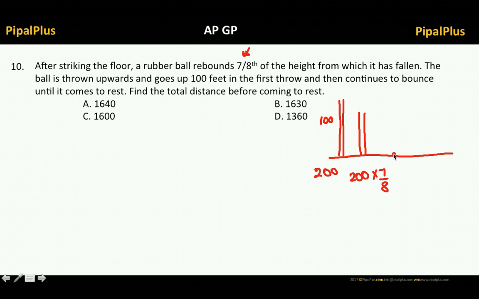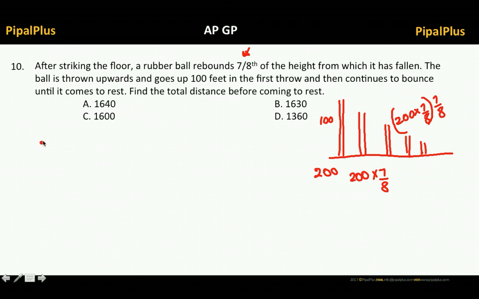Likewise, after the second bounce and before the third bounce, it travels 7 by 8 of the previous distance, right? So this time around the distance that the ball covers again is going to be 200 into 7 by 8 times 7 by 8. So you notice that if I am required to add all of these up, the next one is going to be 7 by 8 of this, the next one is going to be 7 by 8 of this length.